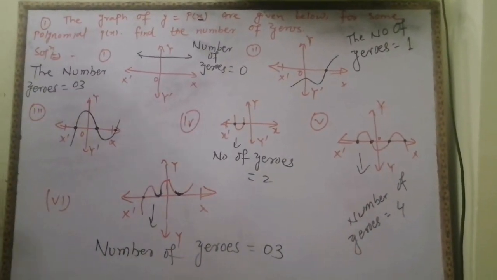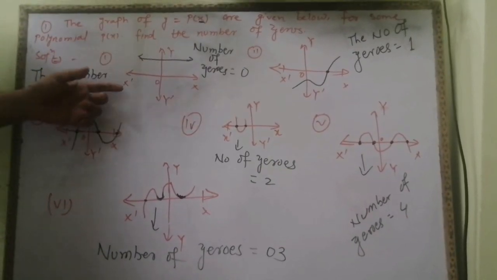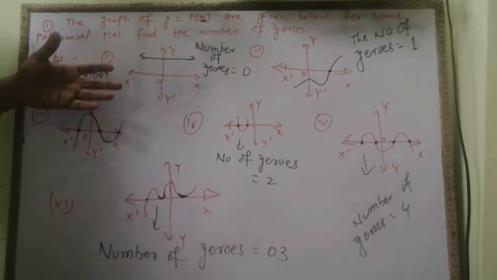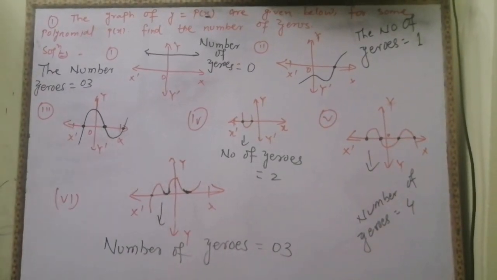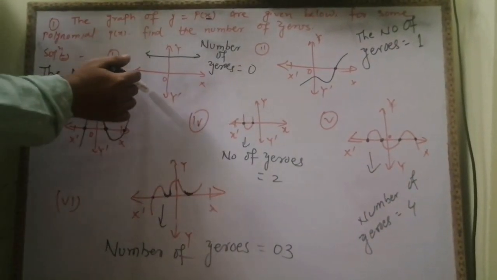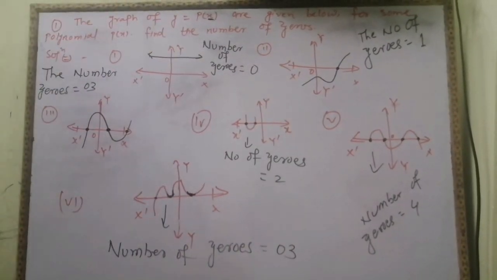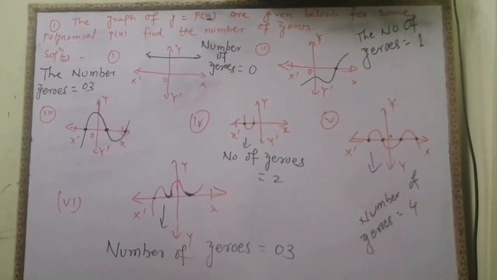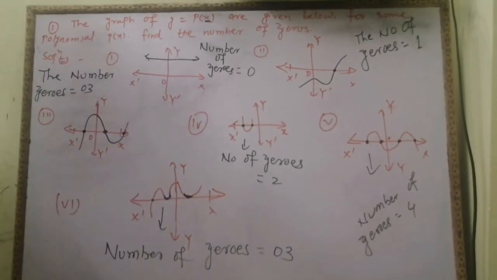So students, we have seen from different types of questions how we find the number of zeros through the graph. This part is very important for the board exam or any exam, because nowadays boards are taking the exam in objective format.